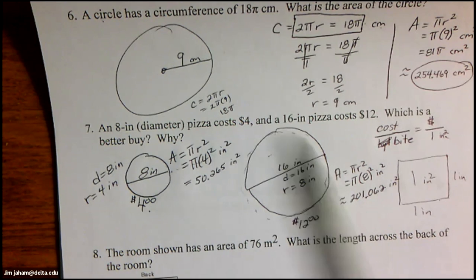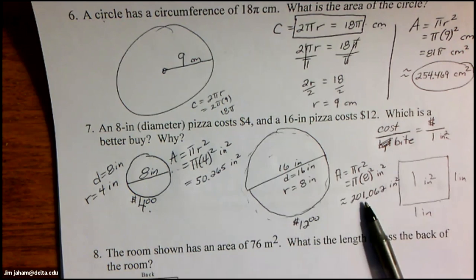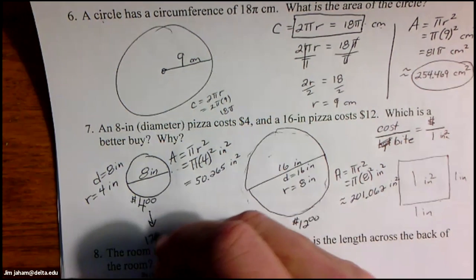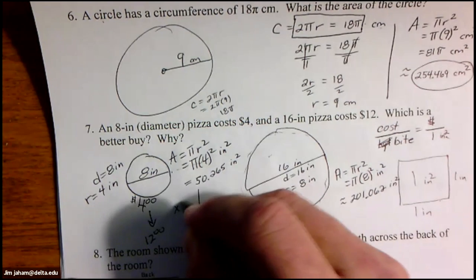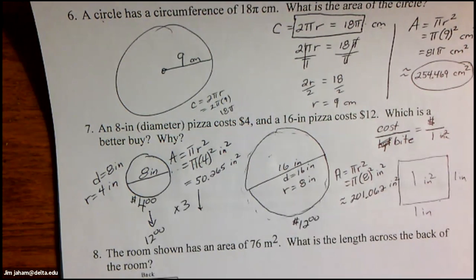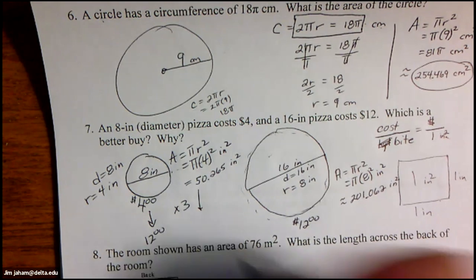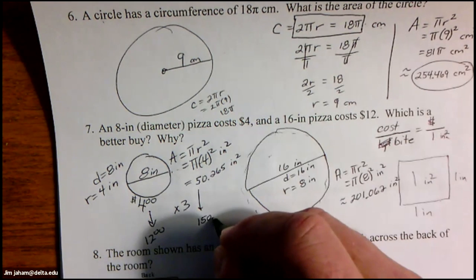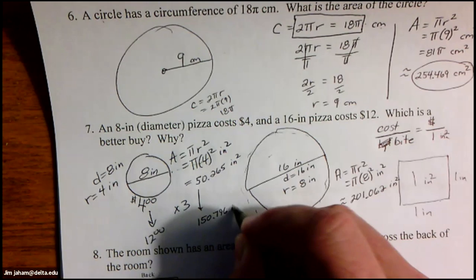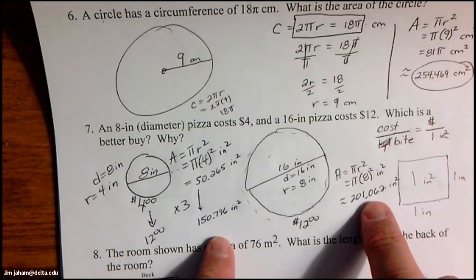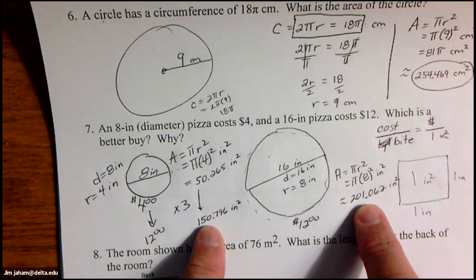So you can see that this pizza is going to be the better buy, because for $12, you can get this much area. And for $12 over here, you would multiply by 3, and that would give you 150.796 square inches. So you get much more pizza with the big pizza than 3 of the smaller ones.